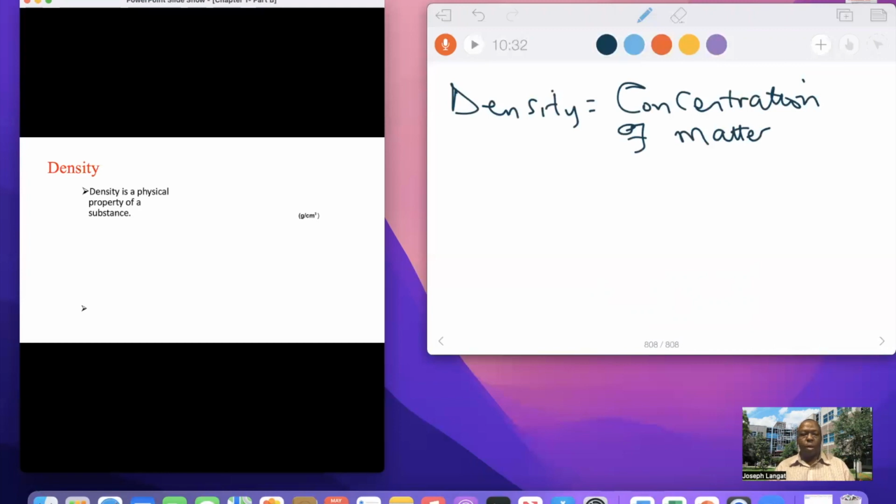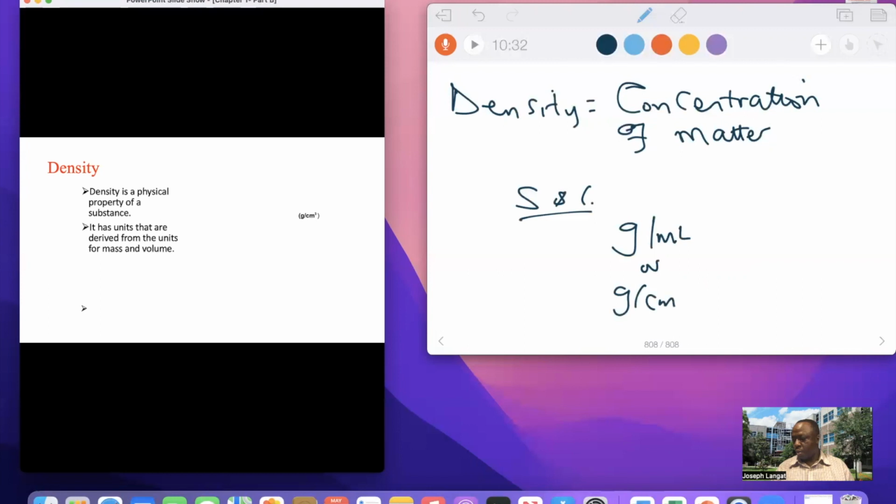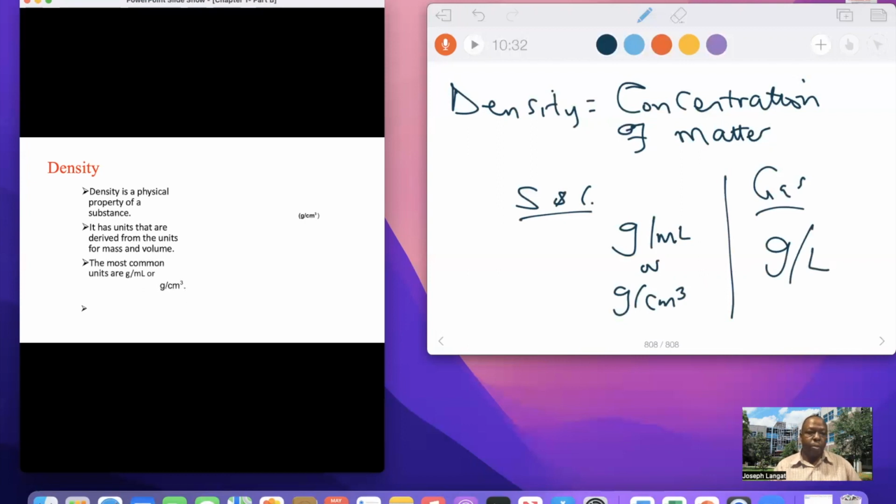It's a property used to describe matter. Each substance has a unique density. For solids and liquids, it's given in grams per mL or grams per cubic centimeter. However, for gases, it's given mostly in grams per liter.